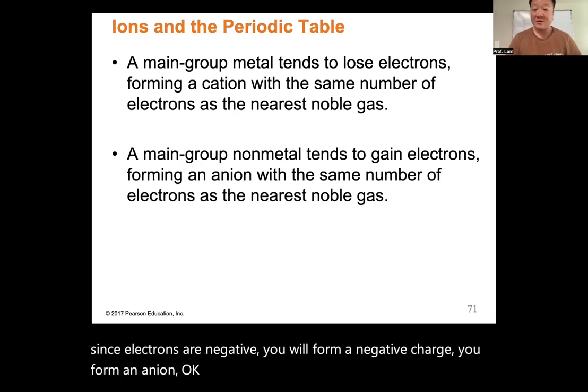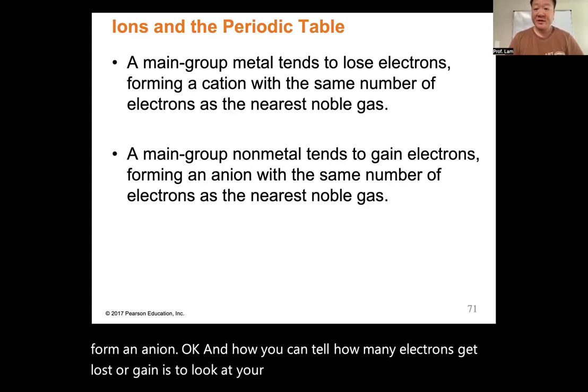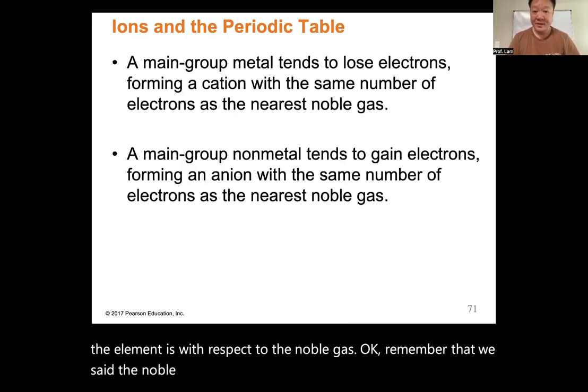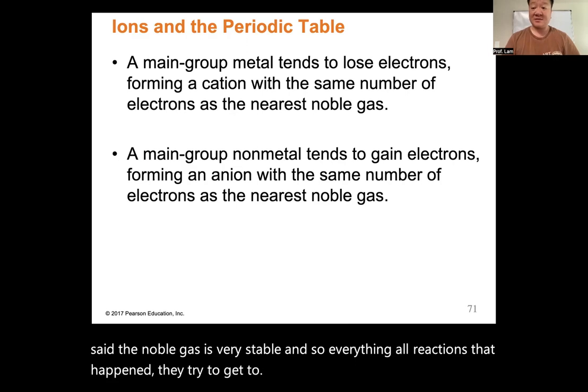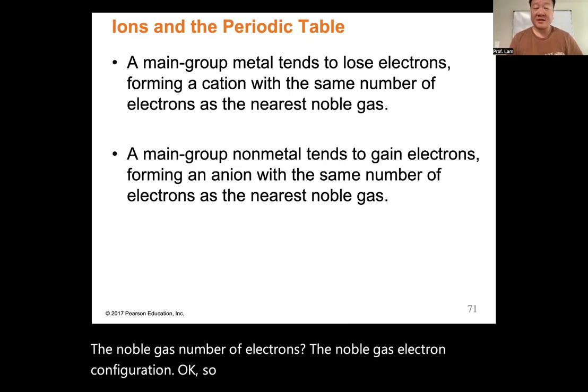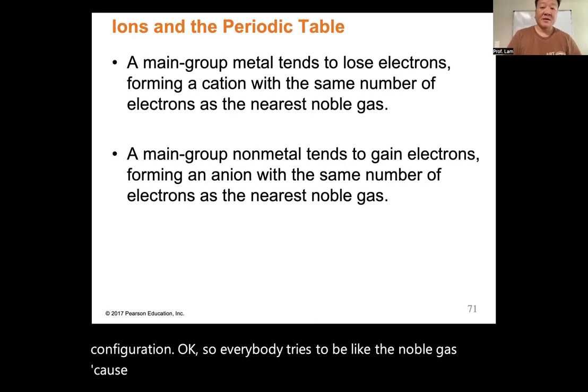And how you can tell how many electrons get lost or gained is to look at your periodic table and see where the element is with respect to the noble gas. Okay, remember that we said the noble gas is very stable. And so in all reactions that happen, they try to get to the noble gas number of electrons, the noble gas electron configuration. Okay, so everybody tries to be like the noble gas because that's stable, right?